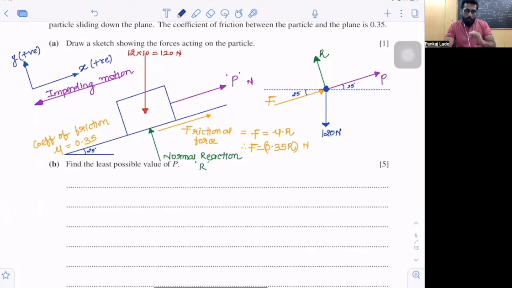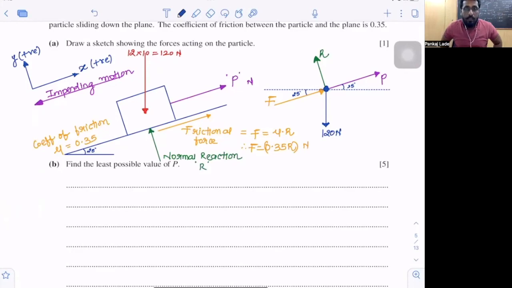Only the 120 newton force is not along the x or the y-axis. You need to resolve this 120 newton force. So clearly understand how the coordinate system has been changed as per my convenience. Out of 4 forces, there were 3 forces which were along the plane and perpendicular to the plane.